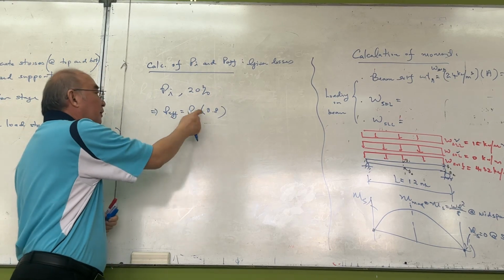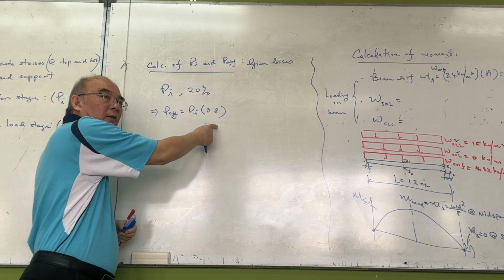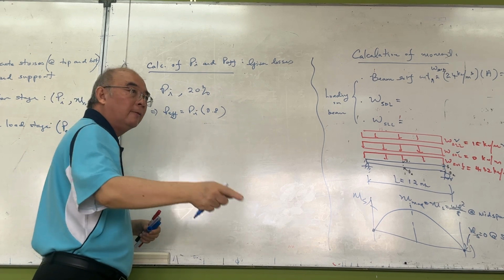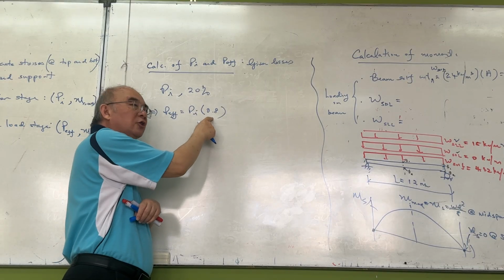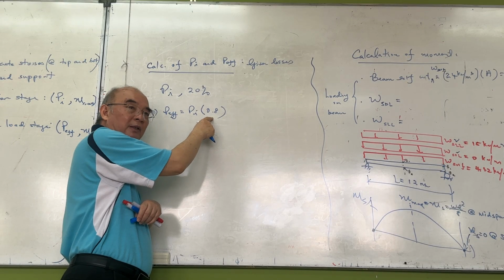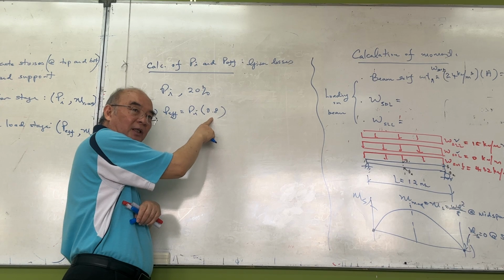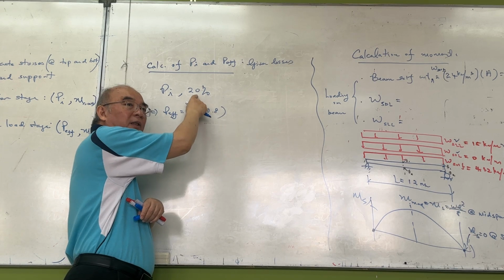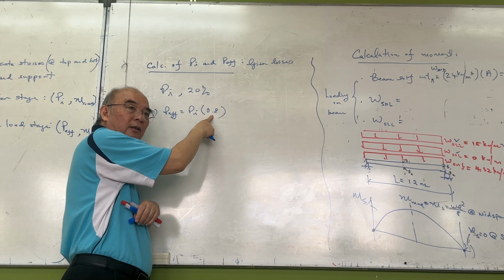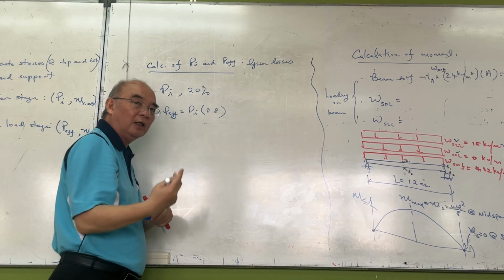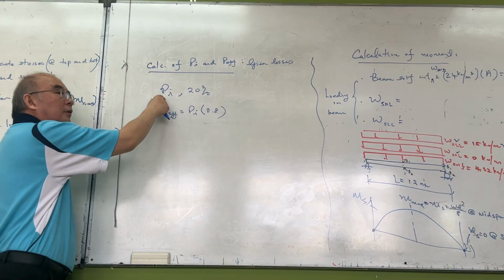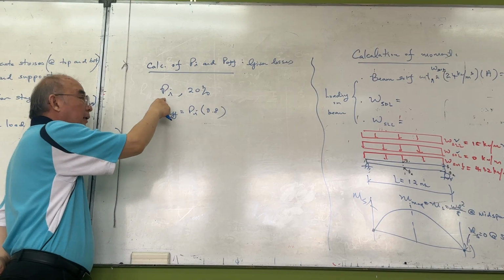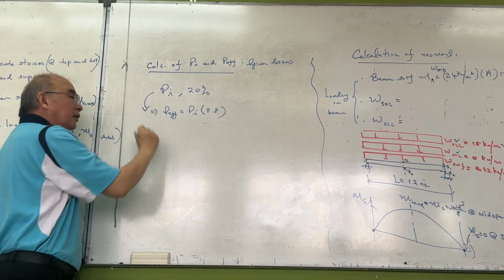If the losses are 25%, then this will be 0.75 because 75% is left. If it is 10%, it means 0.9, because you still have 90% left. So in this problem, I give you PI and you calculate P effective.